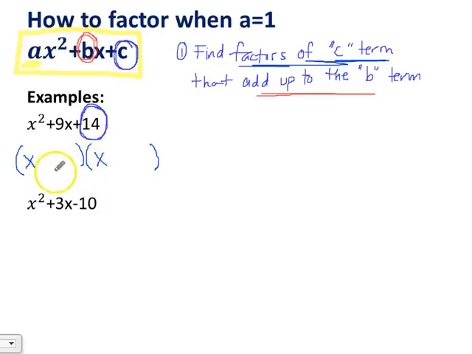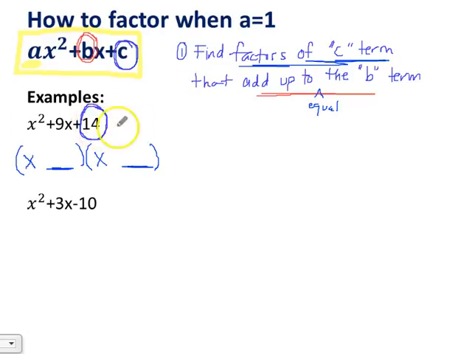To figure out what numbers go here and here, we're going to use this pattern. We're going to find factors of the c term that when we add them up, they equal the b term. Add up to, that should say equal. All right, so let's do it.